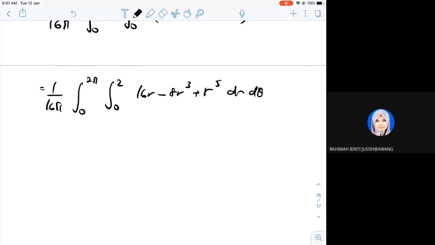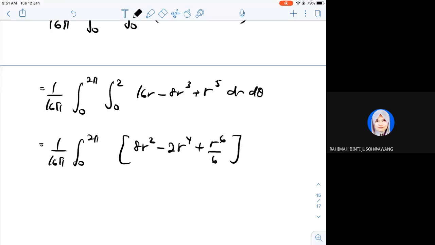Okay, now baru kita boleh integrate. 1 over 16 pi, 0 until 2 pi, so 16 jadi divide by 2, 8r squared lah. 8 bahagi 4, jadi 2 r to the power of 4 plus r to the power of 6 over 6, kan? Substitute 0 and 2 d theta.